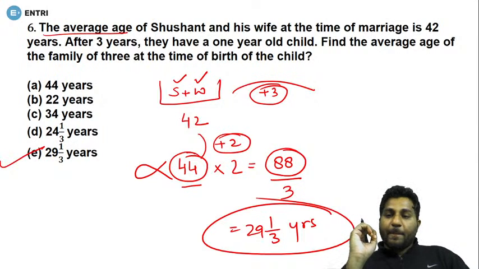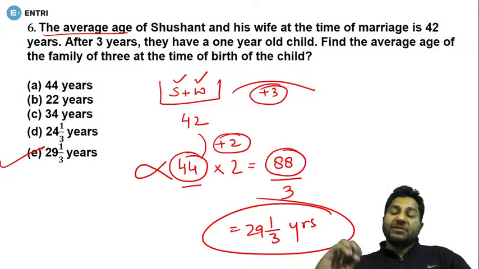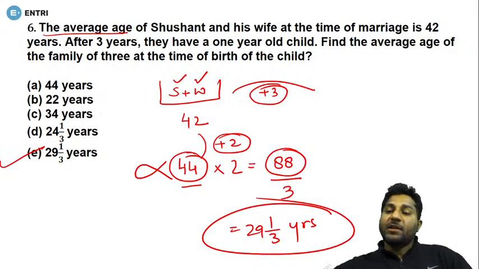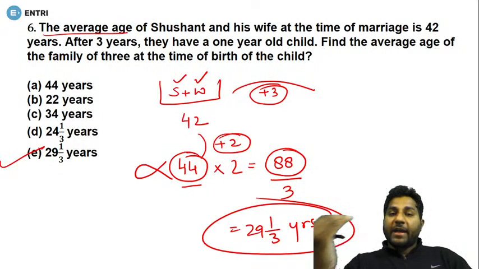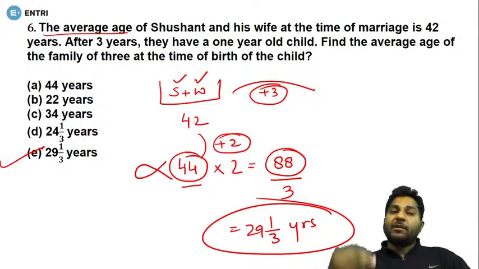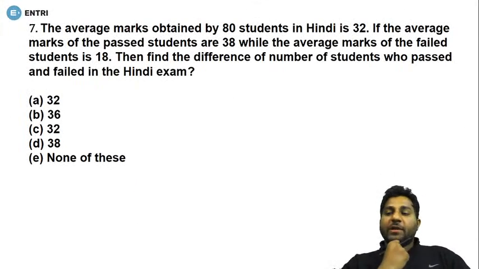You need to understand that the child was of 0 age, but the number of persons will increase. So for getting the average value, you have to divide by the total number of persons. Good, very good. Everyone is getting the concept. So now solve the next question.